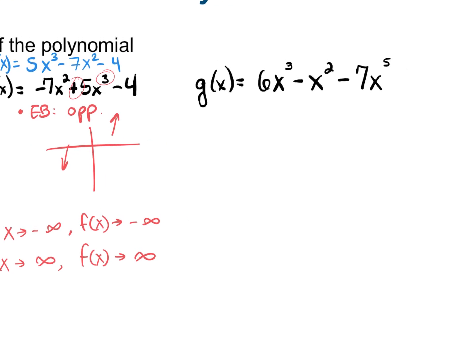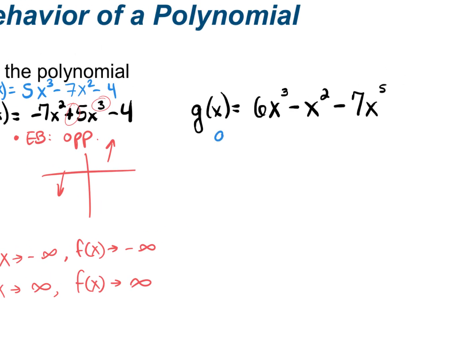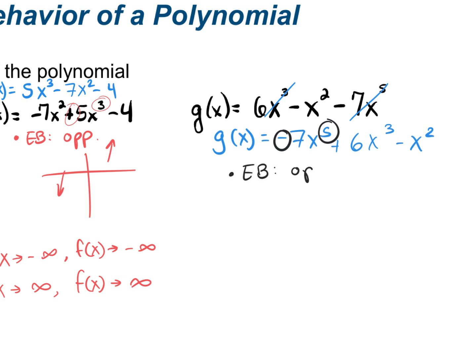So the last one. Following my own advice from the last one, I'm going to write this in standard form. Okay, and when I do that, I notice a few things. We have a negative and we have a 5. So this is an odd function. That means the end behavior is going to be opposites.